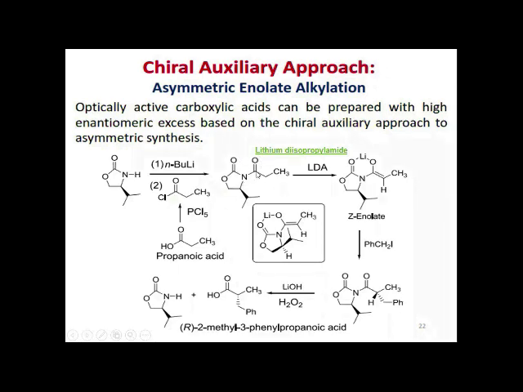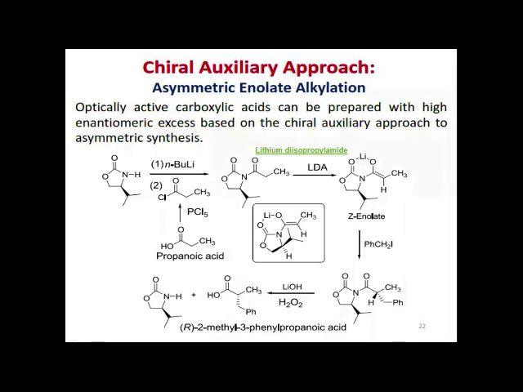So the secondary amine is converted into the tertiary amine. Then by using lithium diisopropylamide, whatever double bond is there is directly linked with the lithium atom and is converted into the Z enolate, because here there is a double bond and the bulky groups are on the same side.